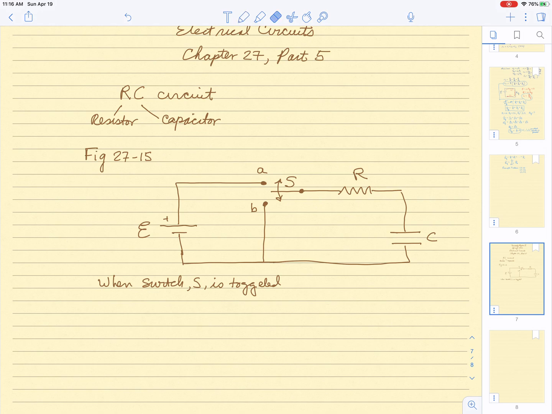So actually, what we're going to do here is correct that. So when the switch S is toggled to position A, the EMF is part of the circuit, and the capacitor will charge up.